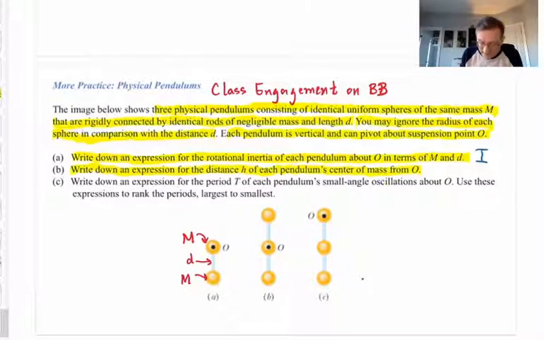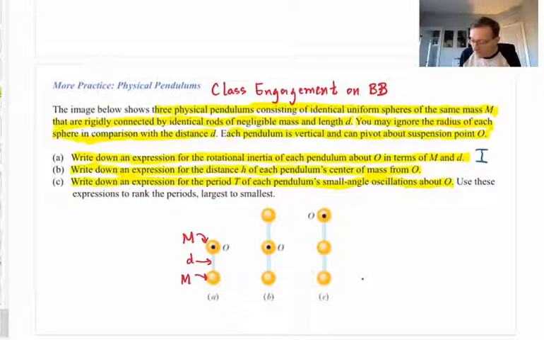And then lastly, C. Write down an expression for the period capital T of each pendulum's small angle oscillations about O. I will give you a hint. The period expressions that you get will be in terms of d and g when all is done.